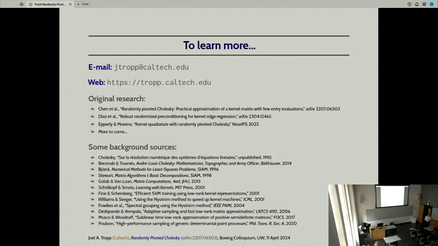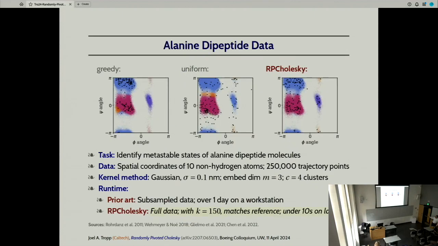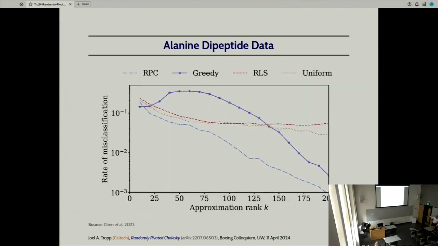And just to give you some idea about how these different pivoting methods compare with each other, here is the rate of misclassification for different methods as a function of the number of landmark points, the number of columns we use to approximate the matrix. So you can see that this random pivoting strategy produces excellent approximations that drive the misclassification rate down exponentially fast.